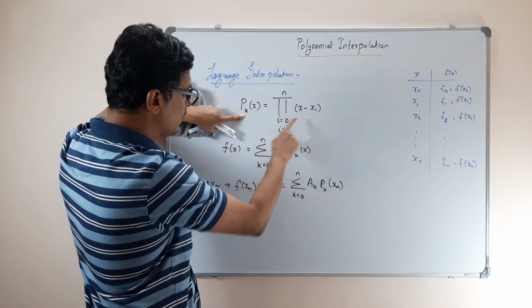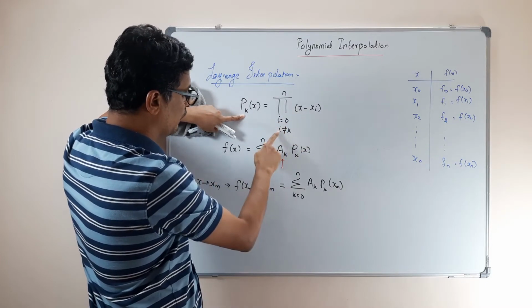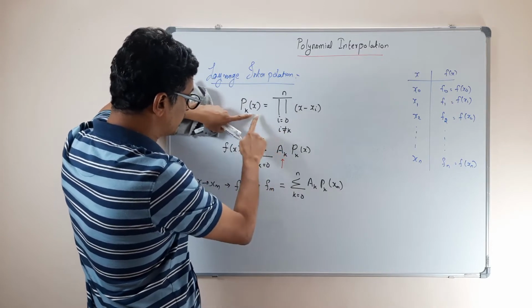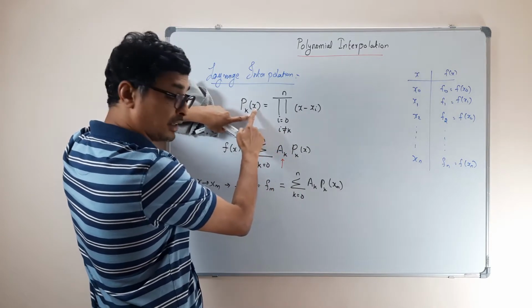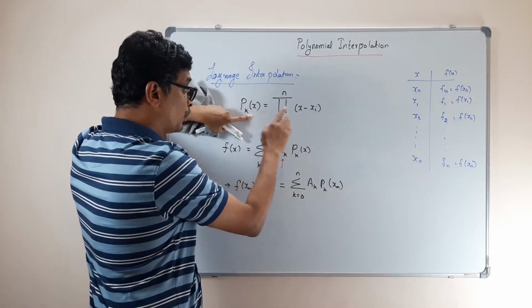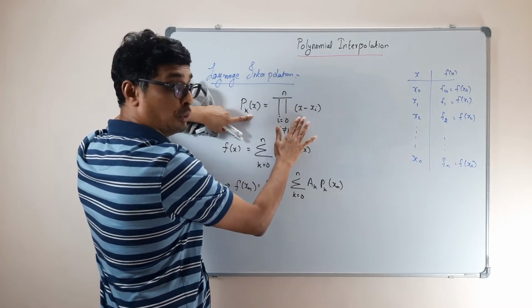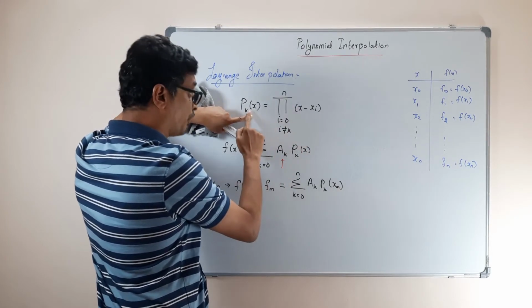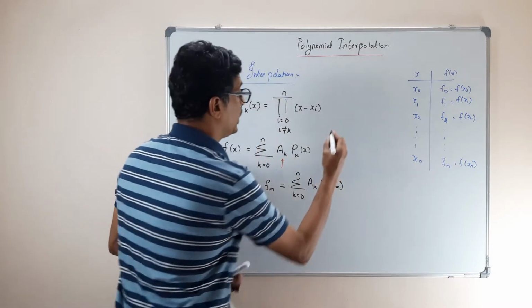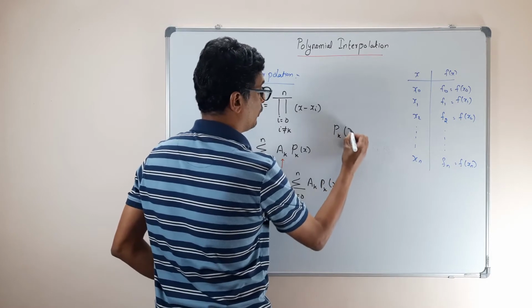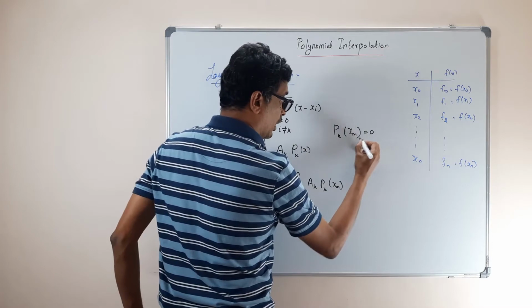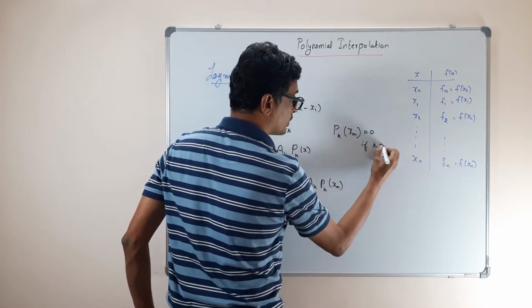If I write xm in place of x, this product will be 0 if k is not equal to m.